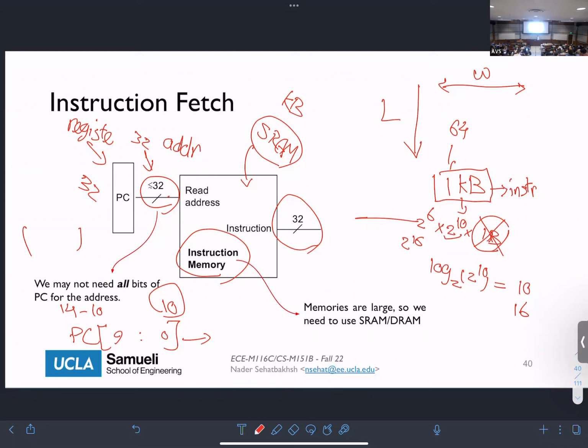So the number of lines, which consequently decides how many bits you need to address this memory, depends on the size of the memory. Your input should be the size of your memory. Once you know that, you decide on the number of bits. In this example, I start by telling you that you have 1 kilobyte of memory, and then you calculate how many bits you need to address that.